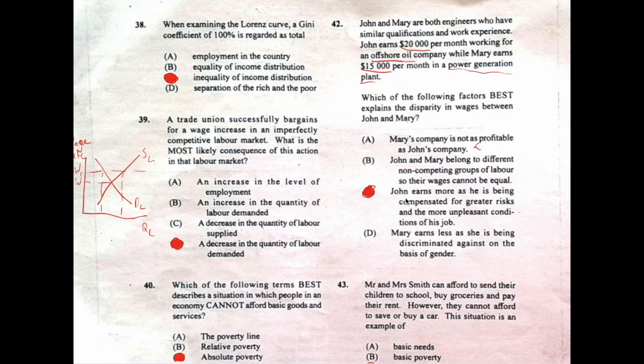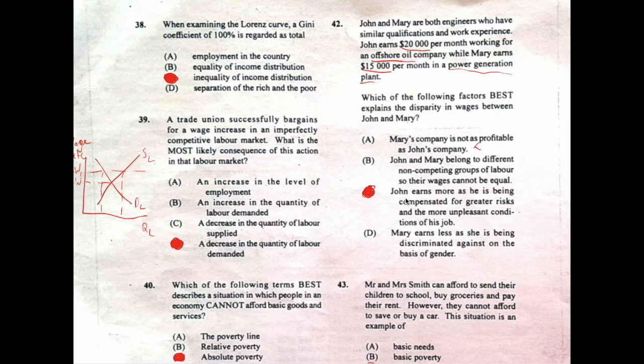This is so because the result of industrial action through collective bargaining will be an increase in the wage rate. But remember, the firm is essentially trying to minimize costs as much as possible. And when you increase wages, that is actually a major cost to the firm.